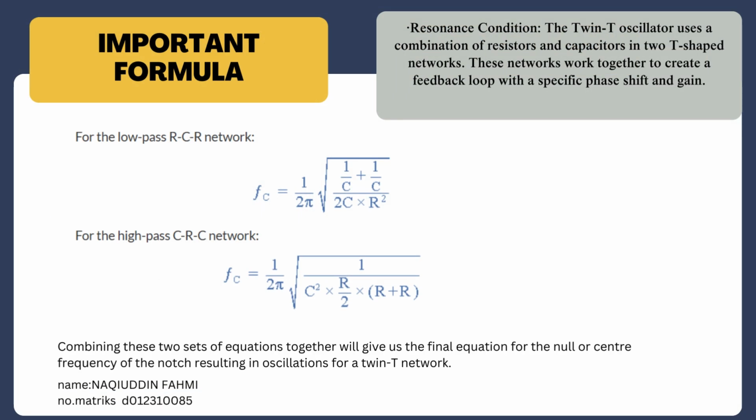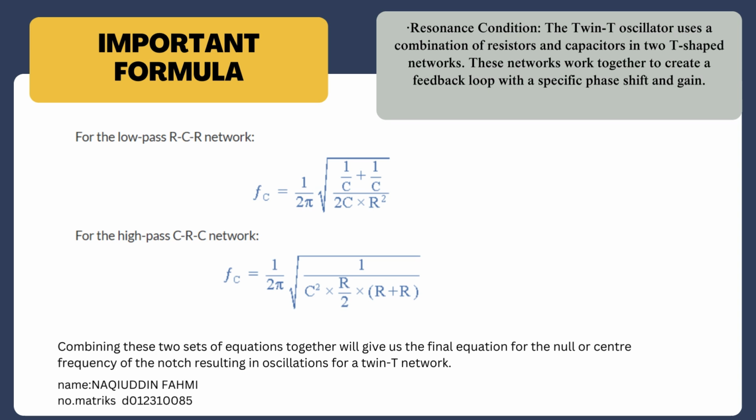I am going to talk about the important formulas associated with the twin-T oscillator, which is a common configuration in electronic circuits used to create oscillation with a specific frequency. First, let's understand the resonance condition for the twin-T oscillator.